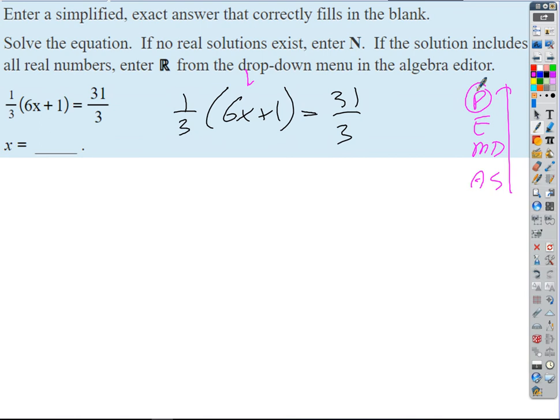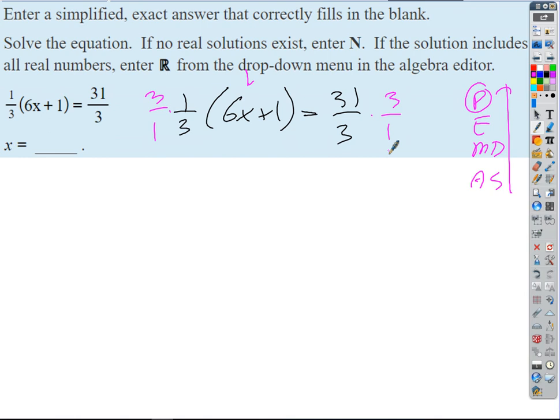Well, there's only one thing being done outside of the parentheses. What's that? I'm multiplying by 1/3. How do I undo multiplying by 1/3? Okay, divide by 1/3, but we don't really divide by fractions. We just multiply by the reciprocal. Good. So we're just going to multiply each side through by 3/1, right?